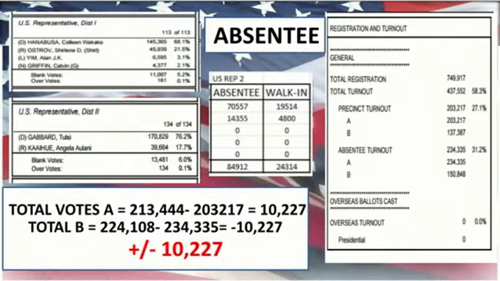And then when you take the total for the Part A, the absentee turnout, 224,000, and you minus the 203,000 that was summed up from the summary report, you get 10,227. And then the total B, 224,108 minus the 234,000 that was reported, the amount of voters that was reported in District 2, you get a negative 10,227.